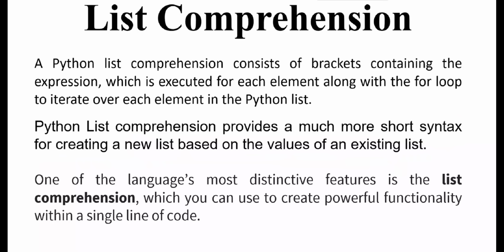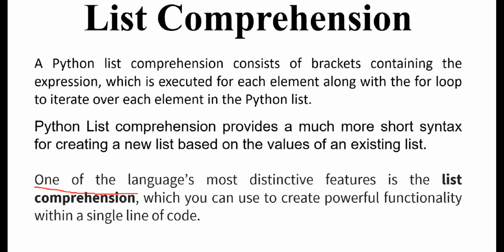That means instead of writing lines of code, we are keeping the logic inside a single statement, inside a single short syntax, and we are creating another list. So that is nothing but list comprehension.